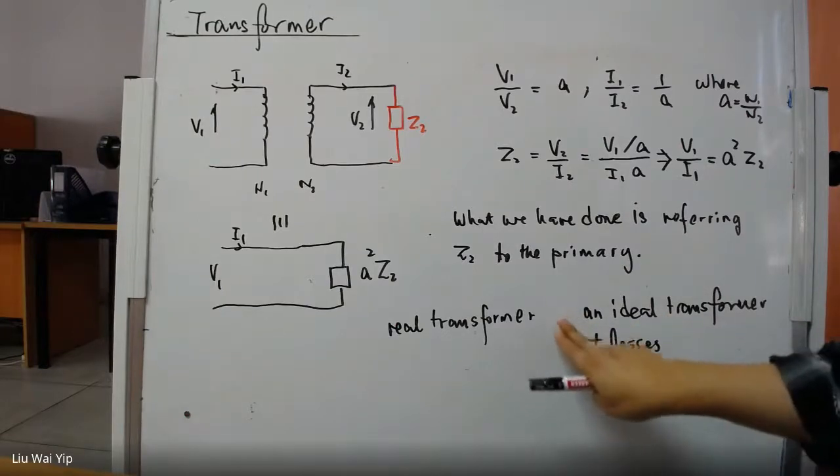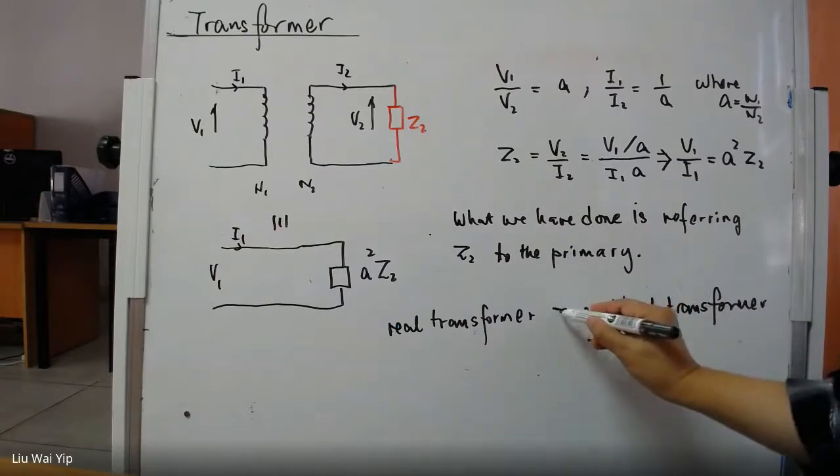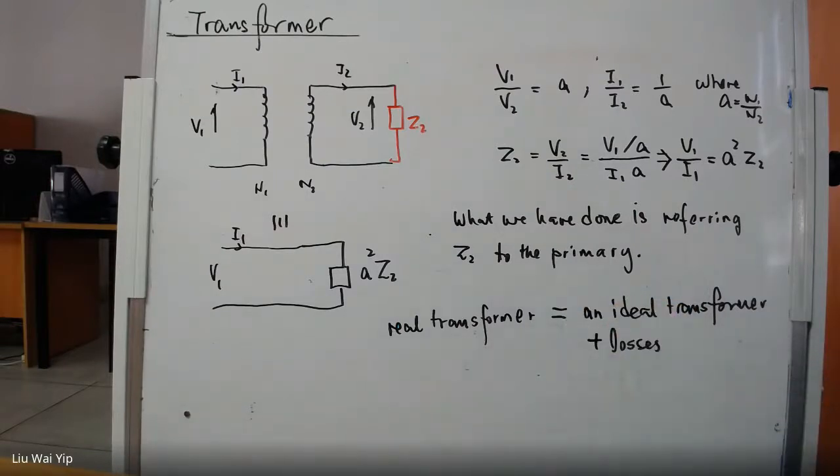So this is the theory: the real transformer is equivalent to an ideal transformer together with some losses.